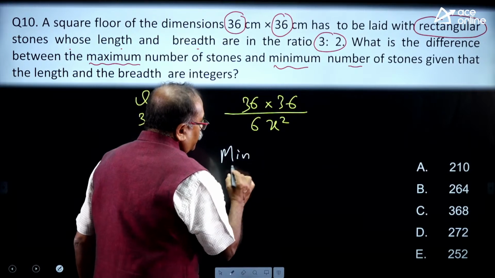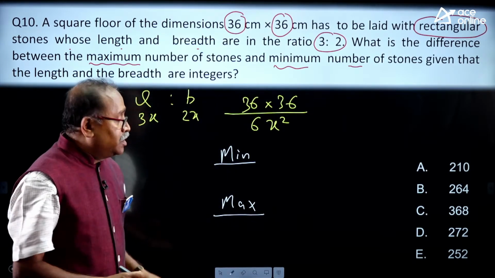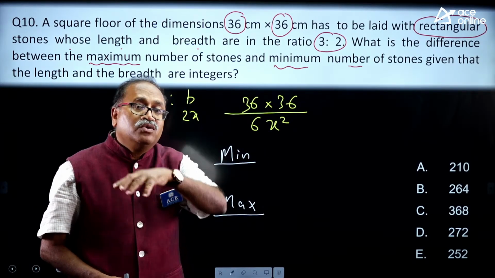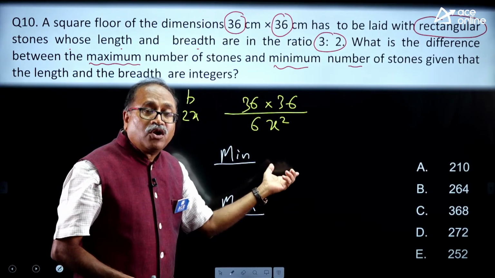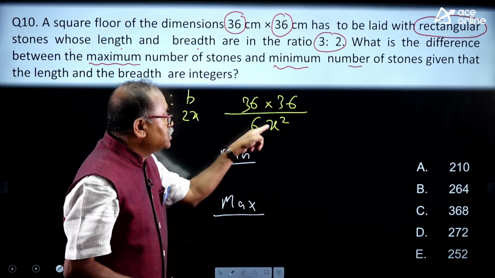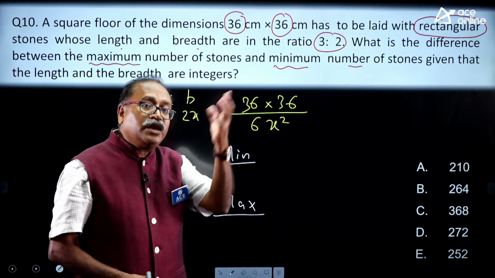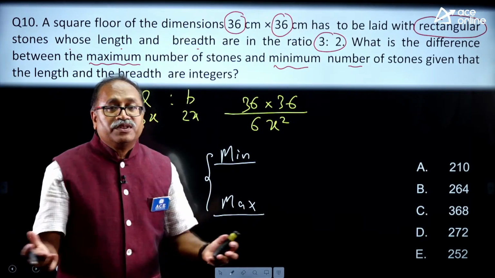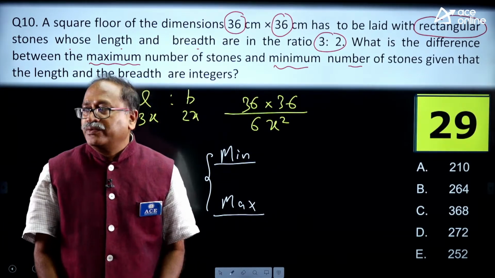To have the minimum number, I should have the x value highest, so that I will get the minimum number of stones. To get the maximum number of stones, I will make the x value minimum. You are asked to find the difference between these two. Come on my friends, your time starts now.